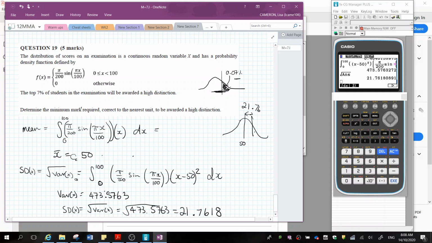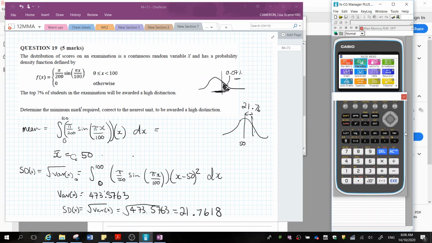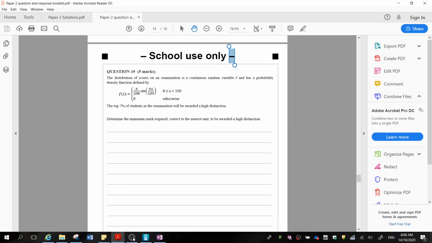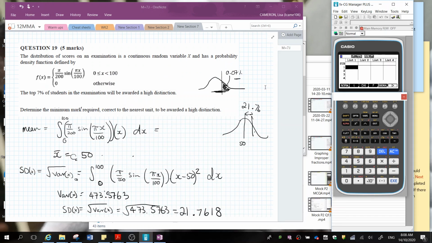So I'm now going to go to my statistics function. So stats, okay, distribution, normal distribution. Okay, normal distribution. And we're using the inverse norm because we want to find the score. Now, first thing I have to change is tail has to be left because it's over here and we're leaving the right exposed.